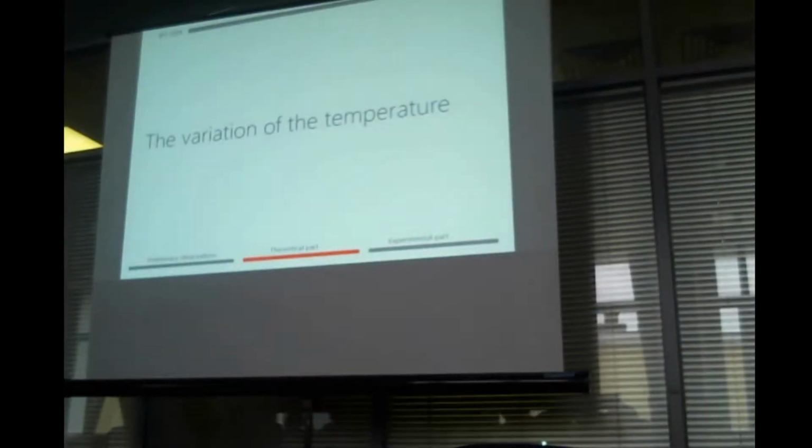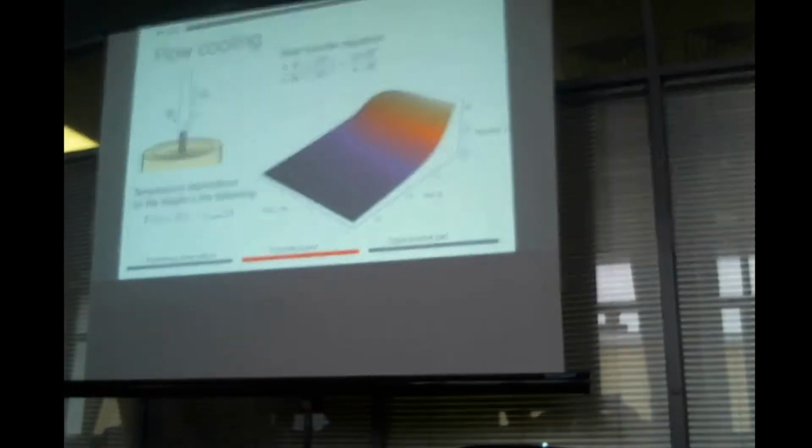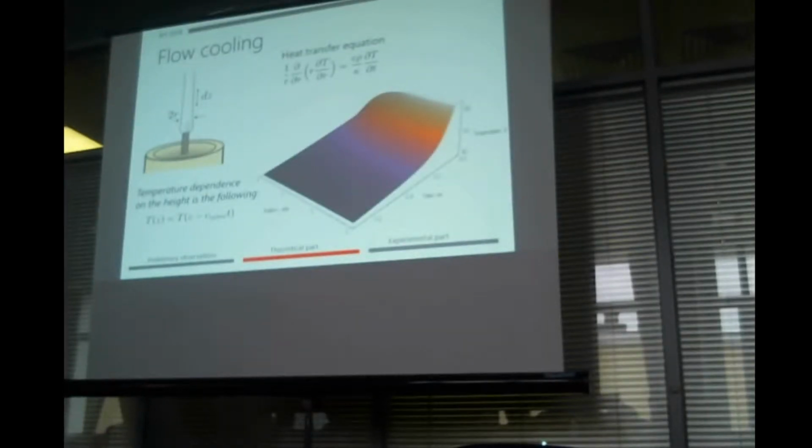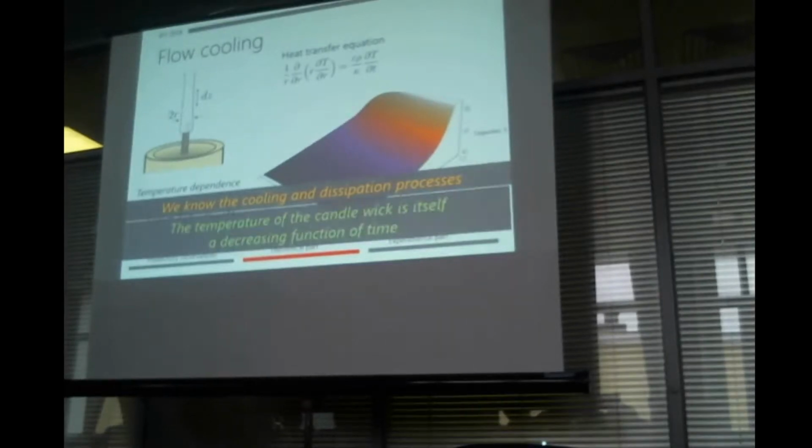And now we move to the variation of the temperature, and to do this we wrote the heat transfer equation, and here you can see its solution. So we obtain the temperature dependence on the height, and as we know the cooling and dissipation process, we should find the temperature of the wisp.